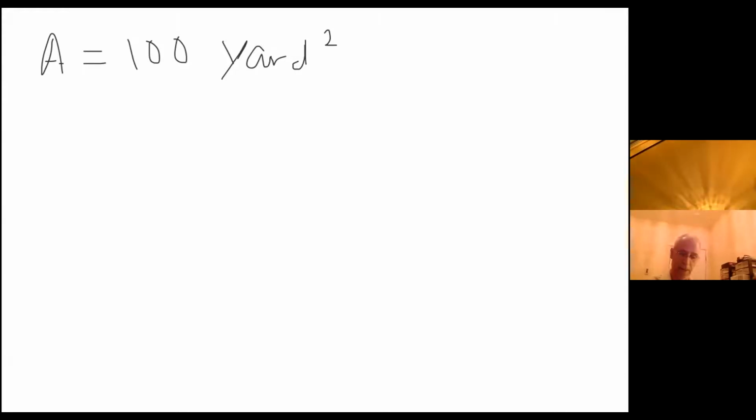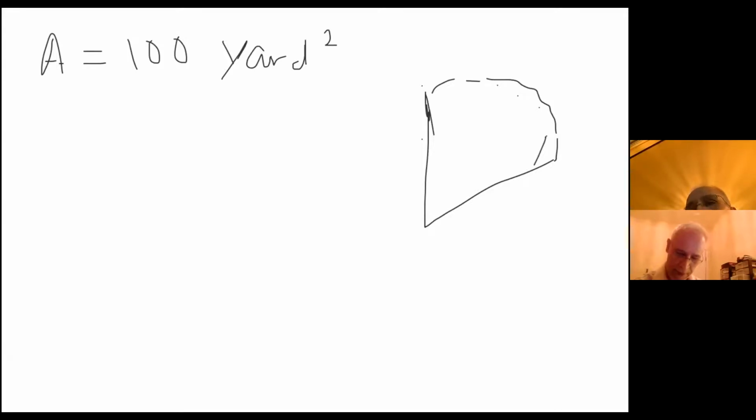What does that mean? That means that let's say I'm designing a sprinkler that waters like this, okay? I have the area, so this right here is 100 yards squared. And what else do we know?